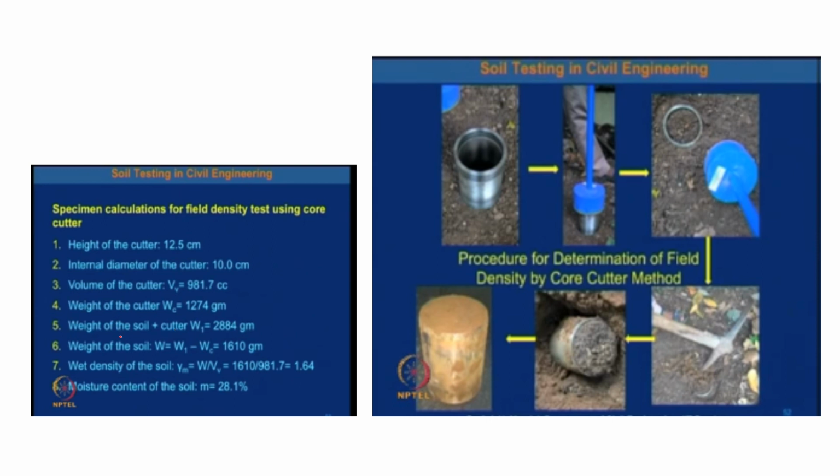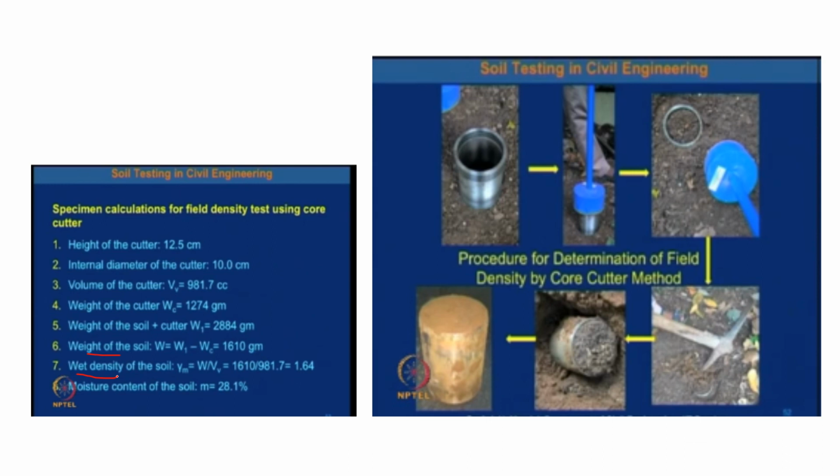Then you find the weight of the cutter and soil taken from the field, bring it to the lab, and subtract the weight of the cutter to get the weight of the soil. Then we find the wet density.